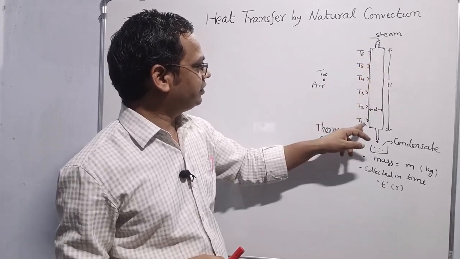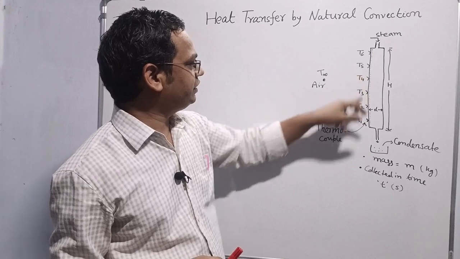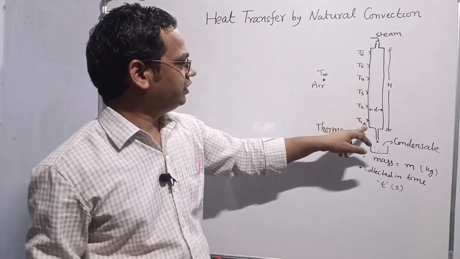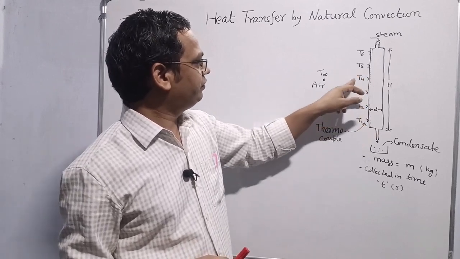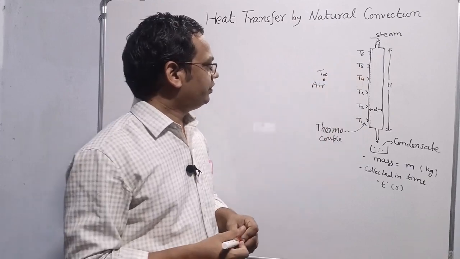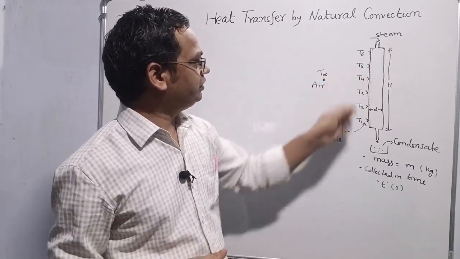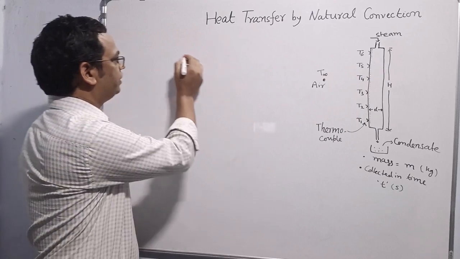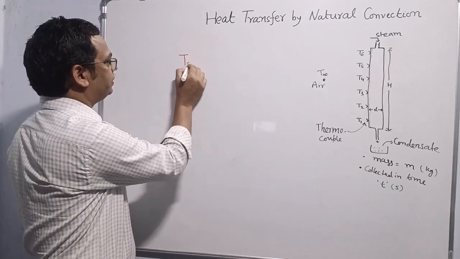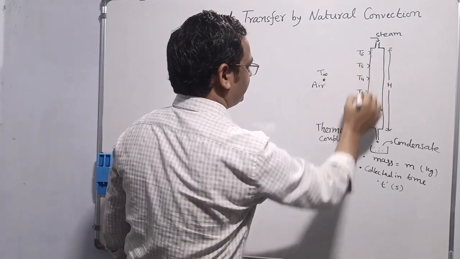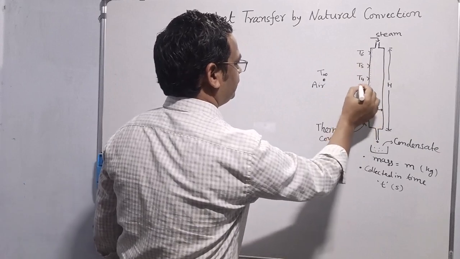There are several thermocouples. Here six thermocouples are attached at the outer surface of the tube: 1, 2, 3, 4, 5 and 6. Therefore, we will have the average temperature of the outer surface that we can find. Say this is Ts. Ts is the average surface temperature.